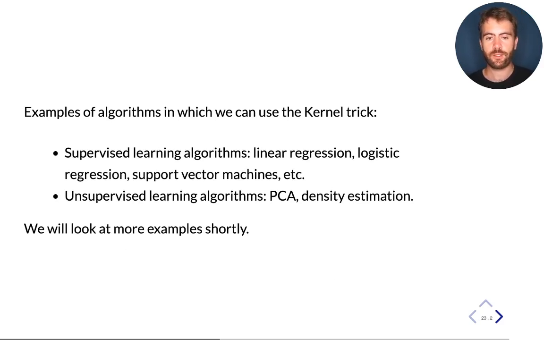We can apply it in logistic regression, which is a classification algorithm. We can apply it within support vector machines, and we can also apply it beyond supervised learning. We're going to see later how we can apply this trick within unsupervised learning for algorithms like principal component analysis and density estimation, and in this lecture, I'm also going to show you a few more examples of other algorithms in which the kernel trick can be used.